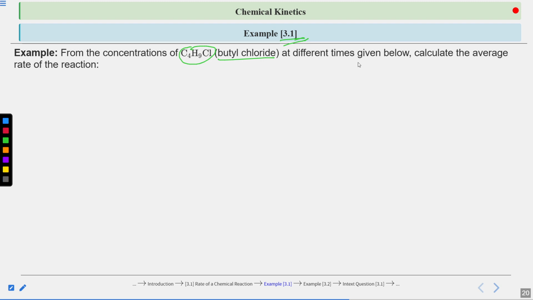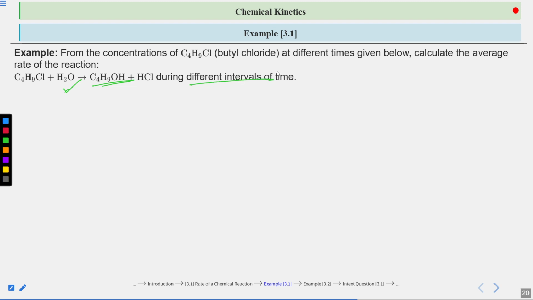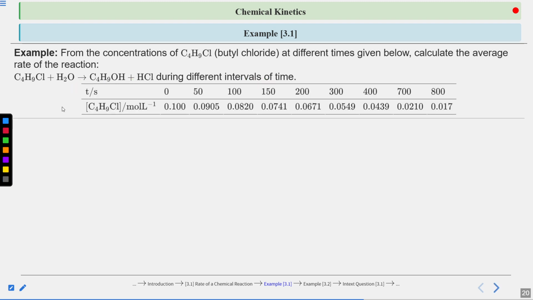From these, you have to calculate the average rate of the reaction. So the reaction is C4H9Cl, butyl chloride, reacts with the water molecule and forms C4H9OH, an alcohol, plus HCl. This is during different intervals of time, okay, not at the same time.